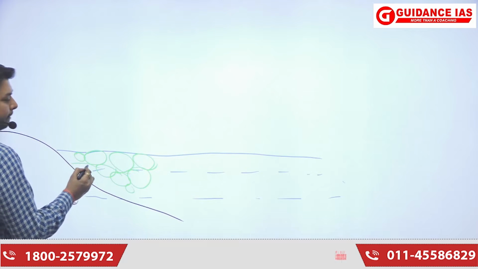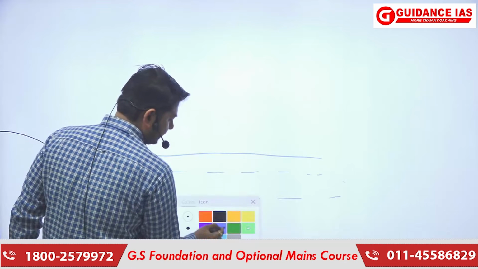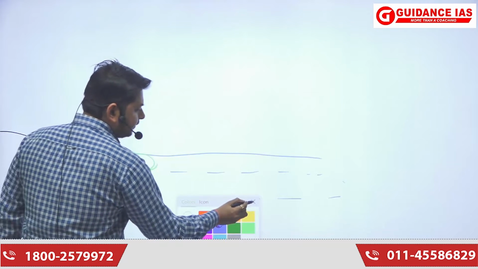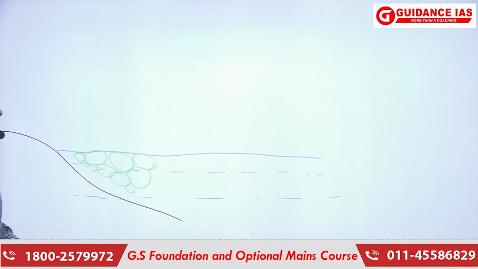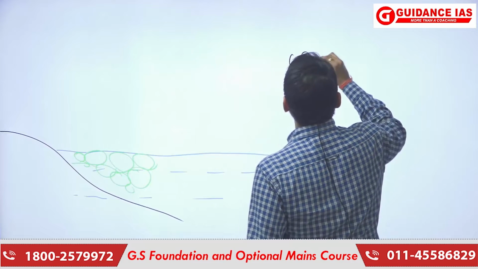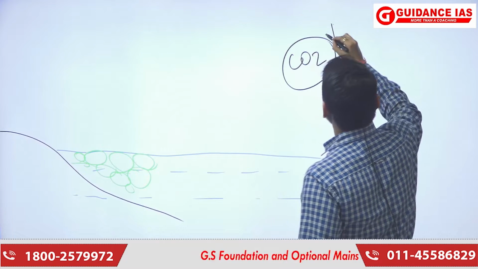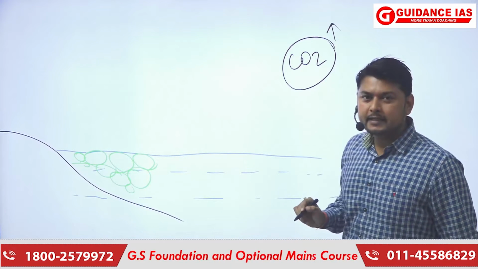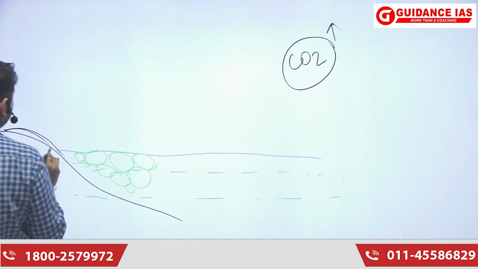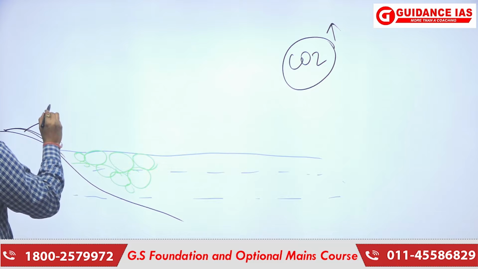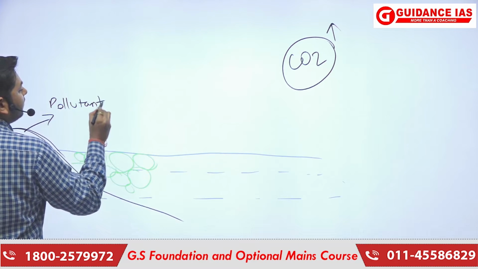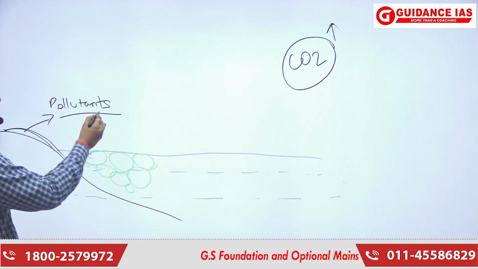Now, what happens in ocean acidification is that in the atmosphere CO2 is increasing, and if this is a river, it is carrying pollutants.